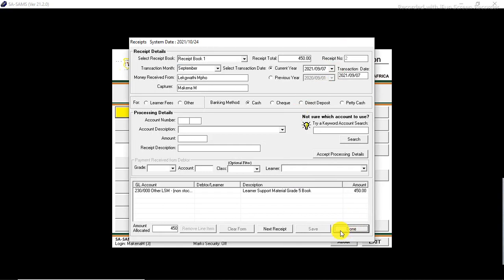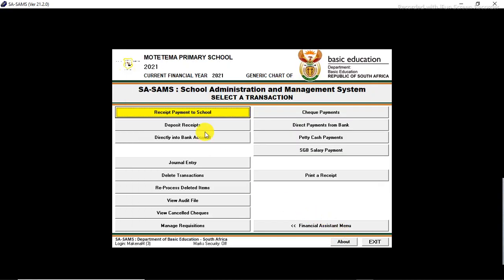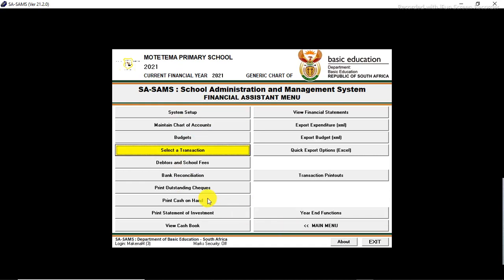Look, only 2 learners gave you that bill. So you now receive payment to the school. And then all of a sudden you have received those 2 payments, they come up to you, and ask how much money you have at the school. You say, let me check.